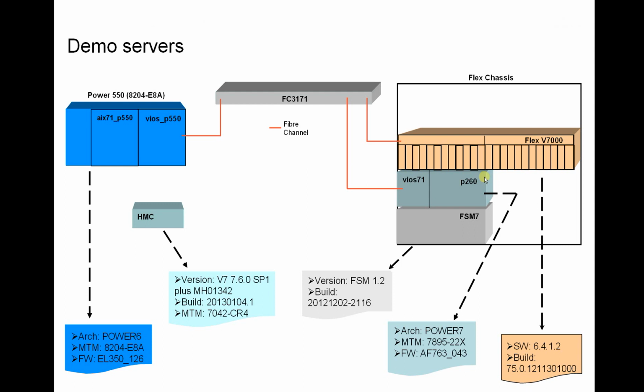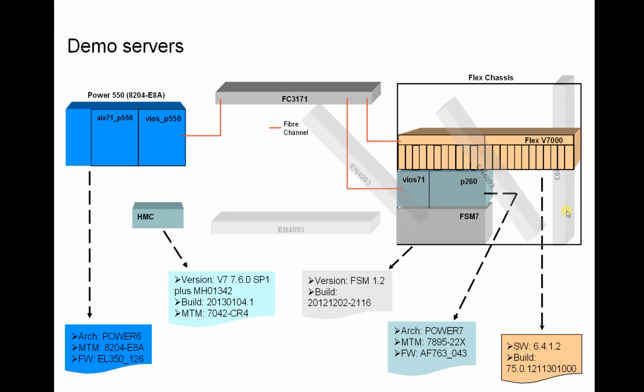Of course, the VIO on the 260 doesn't have much choice, cabled in the Power 550, and then I ensured that I had LUNs from the Flex V7000 presented to the VIO on the Power 550 to create my LPAR to be moved. Again, keep in mind, this is a bit of a flattened environment here, and your situation will be different, but conceptually, we should be looking at the same concepts here.